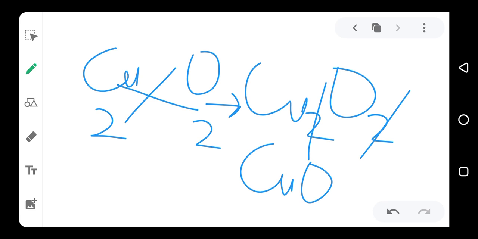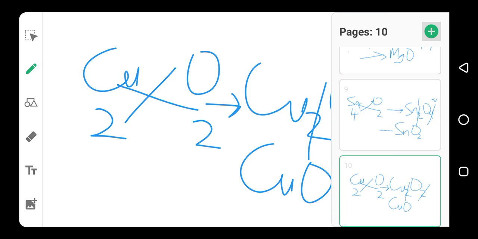Sodium and chlorine. We have sodium is 1 and chlorine is 1. Chlorine has 7 electrons in the outermost shell. So it is easier for it to borrow 1 and complete the electrons in the outermost shell to 8 than for it to lose the 7 electrons.